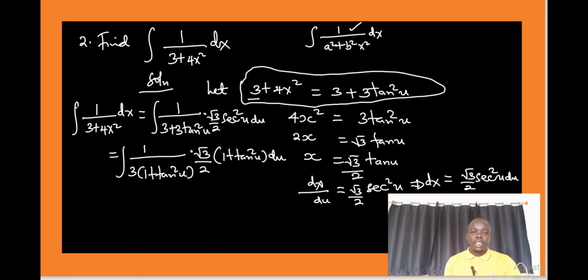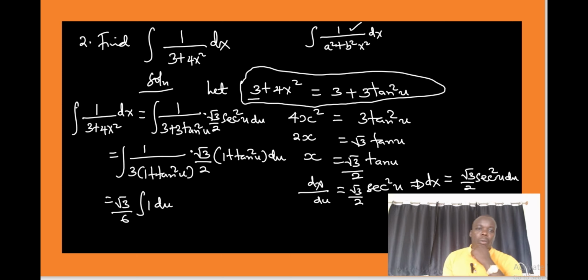Then what do you now see? You will now realize that we shall have root 3, which is a constant, out. I have a 3 by 2, which is a 6. So it will be root 3 over 6. 1 plus tan squared and 1 plus tan squared can cancel out. So we remain with integral of 1 with respect to u.